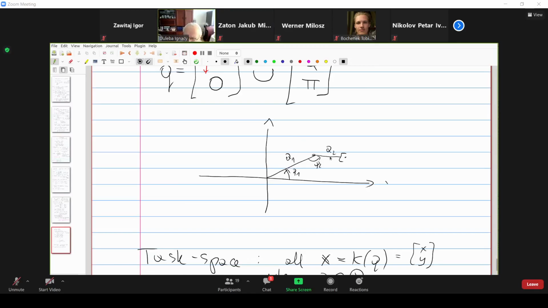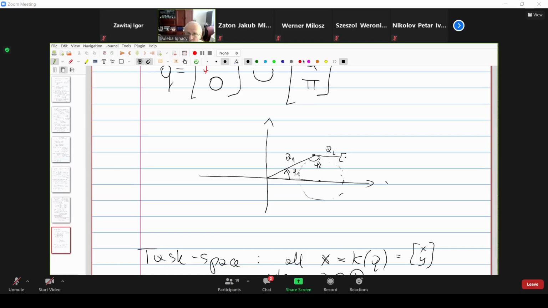So the problem is quite simple. Let us assume, just to fix our attention, that Q1 is equal to 0. So we have a manipulator like this, and we allow to move only Q2. So as you can see, we draw here a circle, okay?